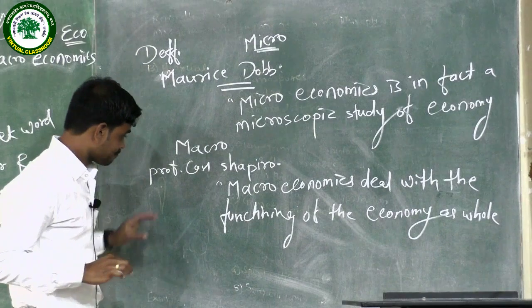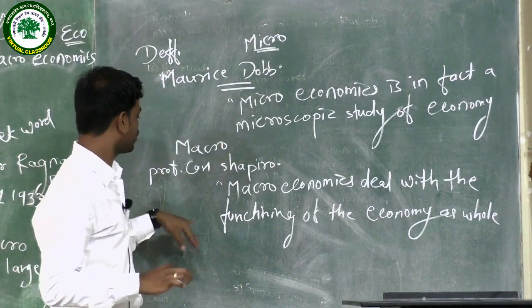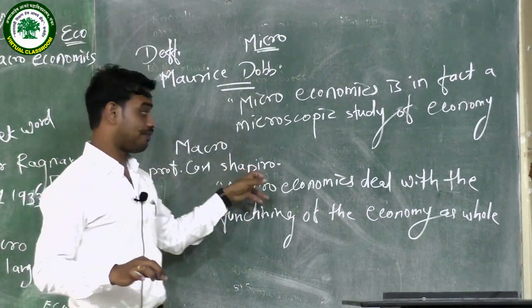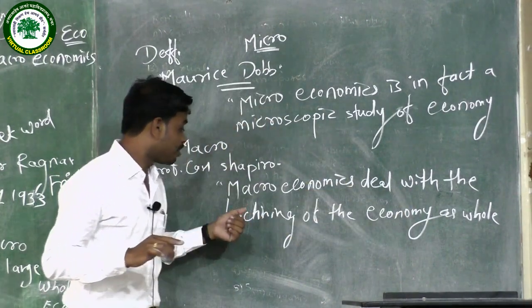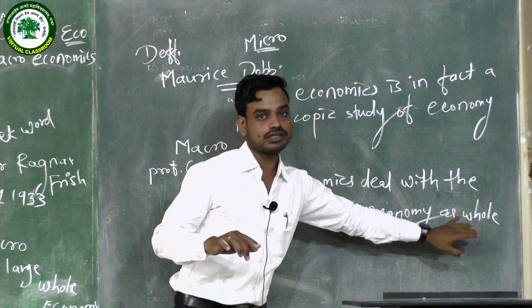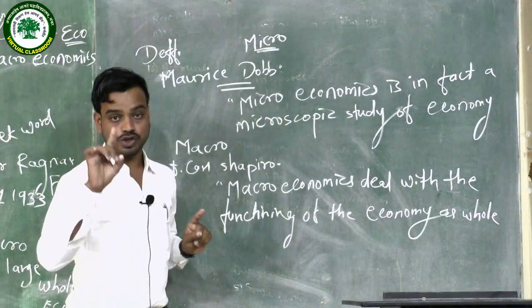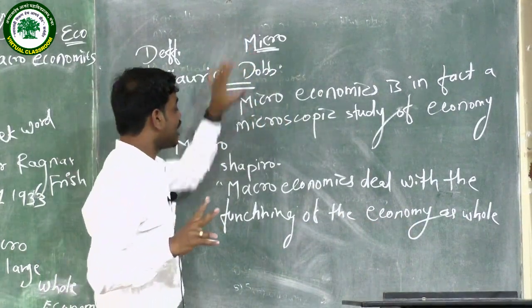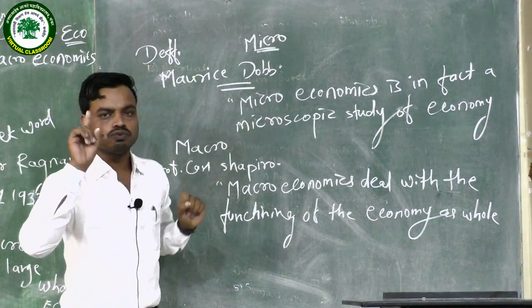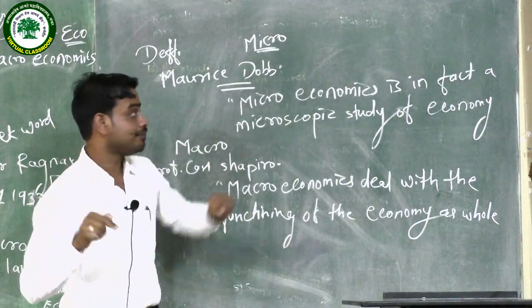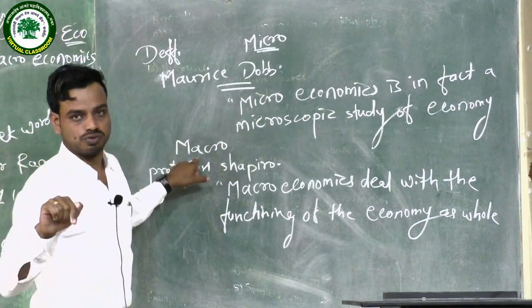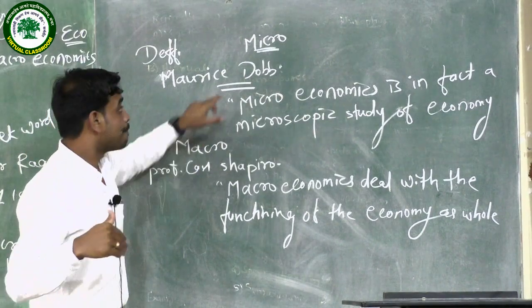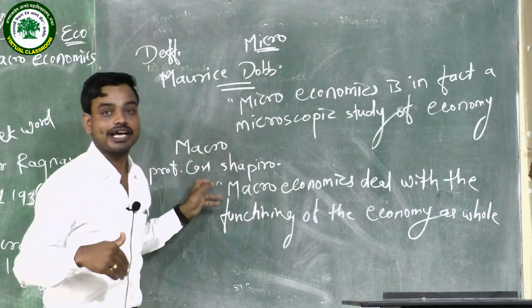Then second thing, macroeconomics. Professor Carl Shapiro said that macroeconomics deals with the functioning of the economy as a whole. First of all, remember one thing, micro and macro, there is only one letter difference, I and A. Micro means small and macro means large.